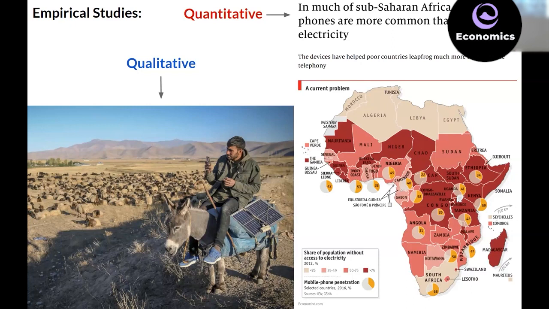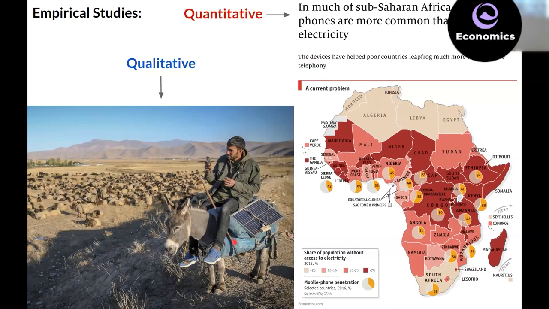That's interesting because the story people tell about this phenomenon is that in many parts of the world, people have smartphones, and even internet, but they don't have reliable electricity connected at home.